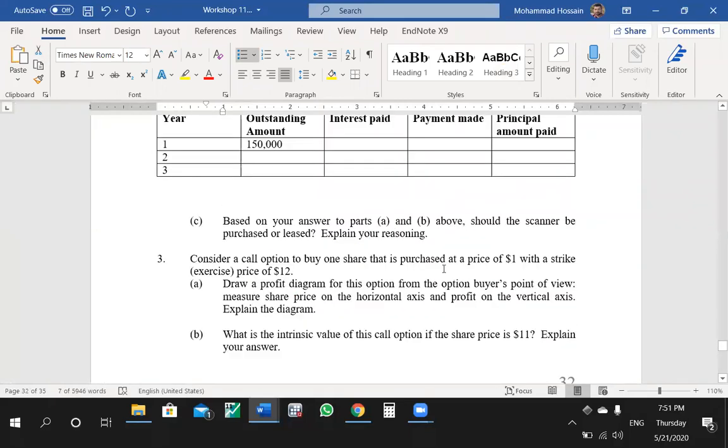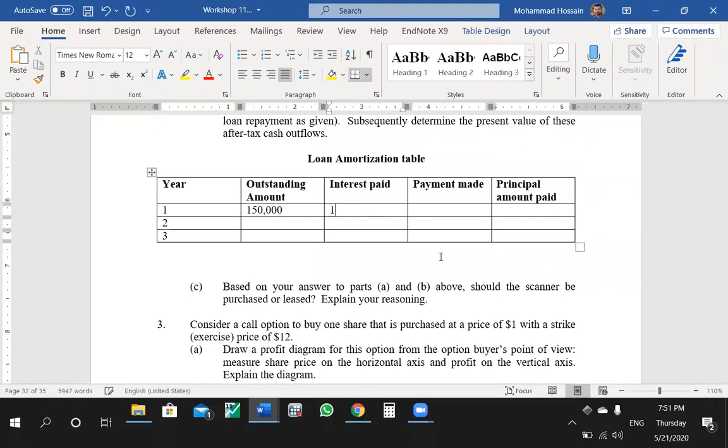Interest is 15,000. And they said that they will make 3 payments of 60,317.22. That's what they're gonna pay.